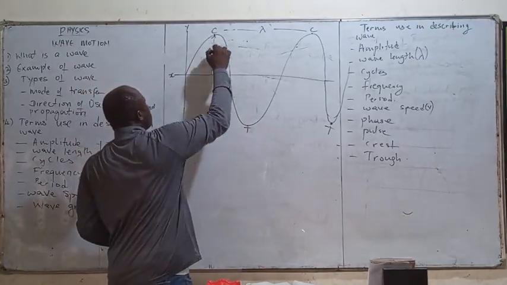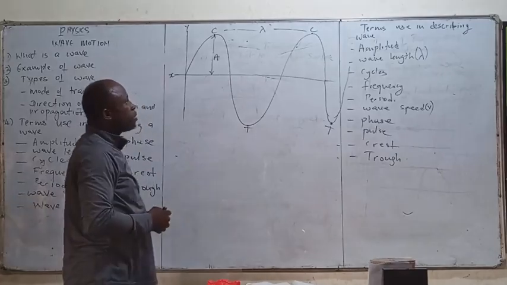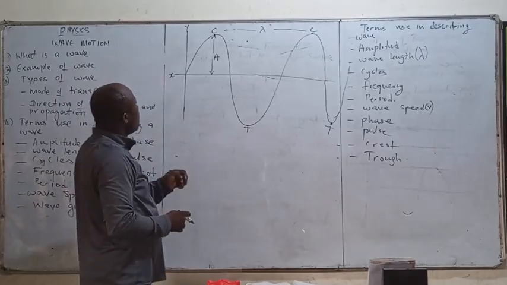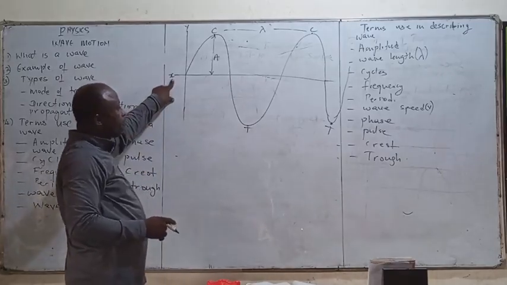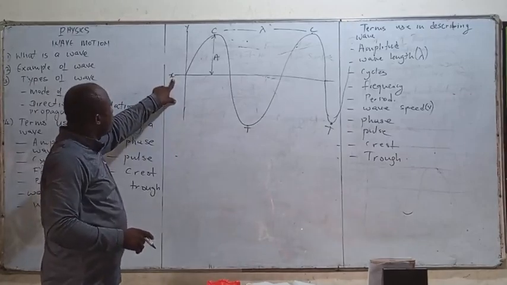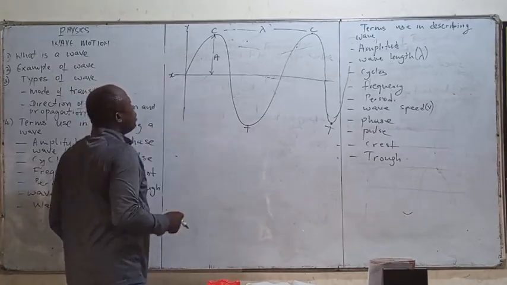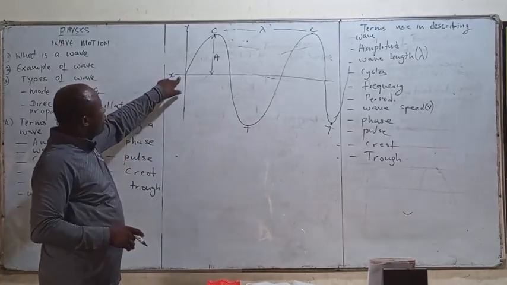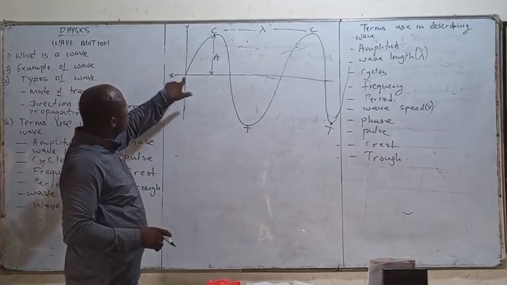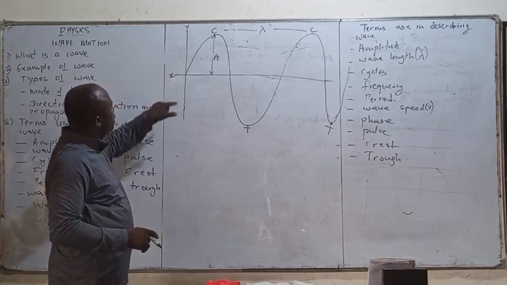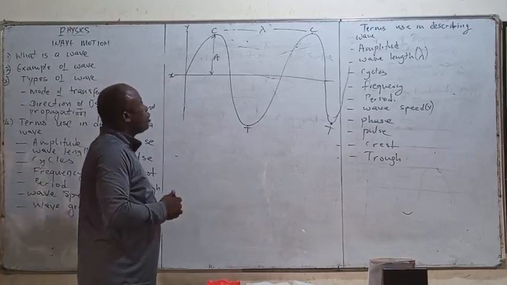So let's define these terms. What is amplitude? Amplitude is the maximum displacement from the zero, from the horizontal line x, and is measured in meter.